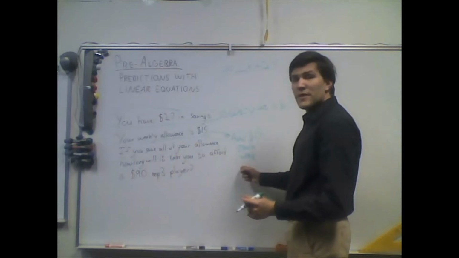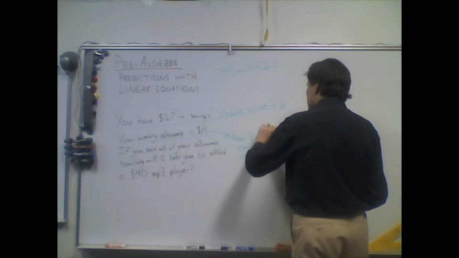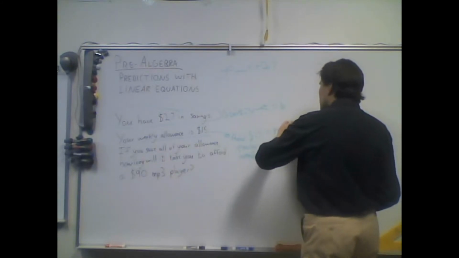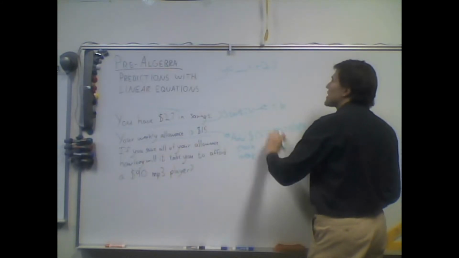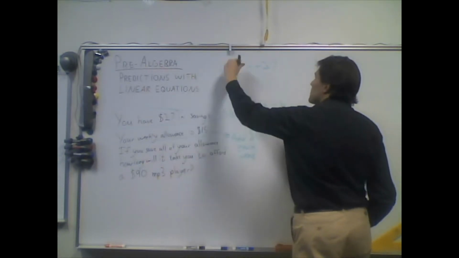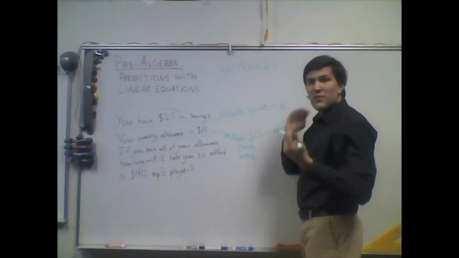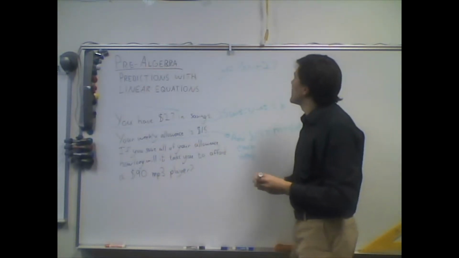So this is going to be our rate of change, or our slope. So remember, in our y equals mx plus b equation, this m represents the slope. So each week we're adding $15 to find what we get there.